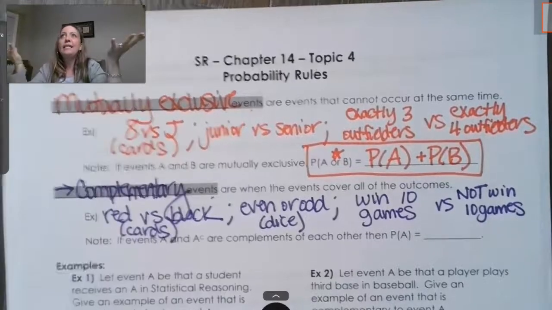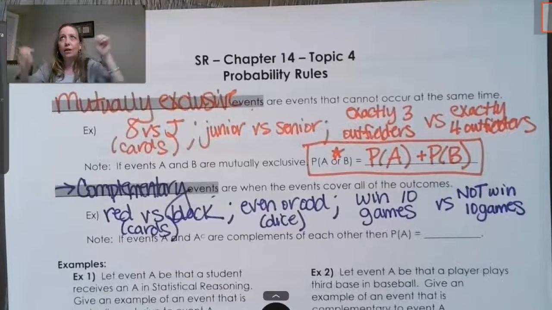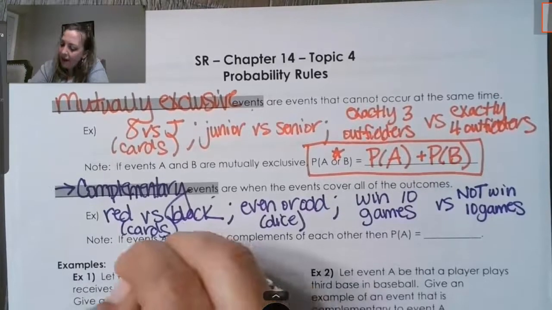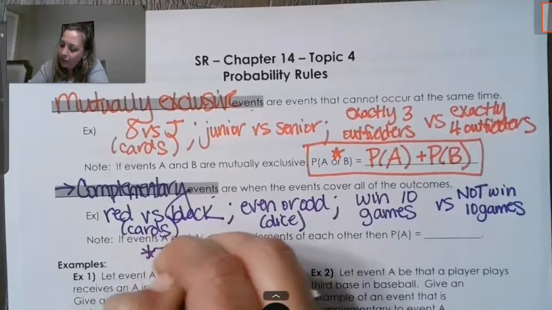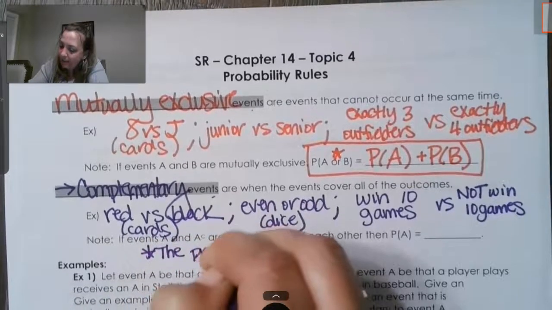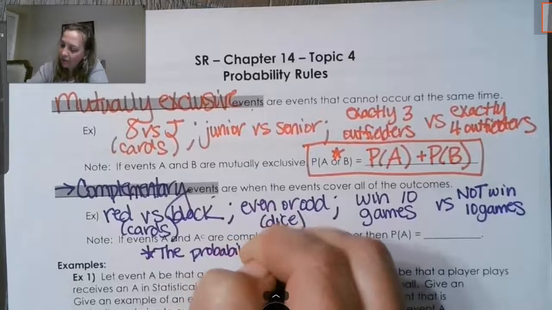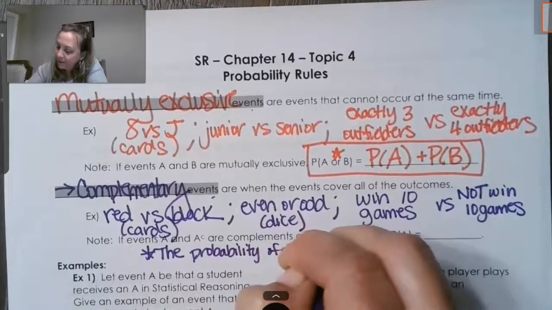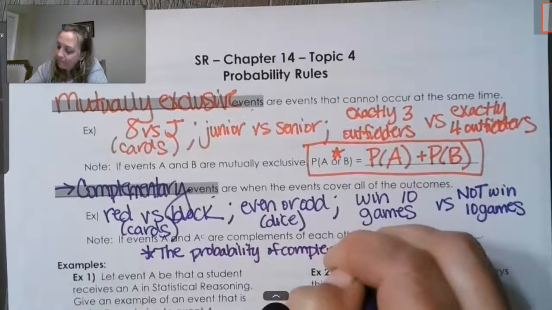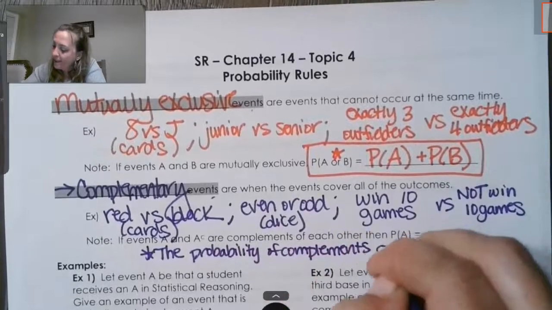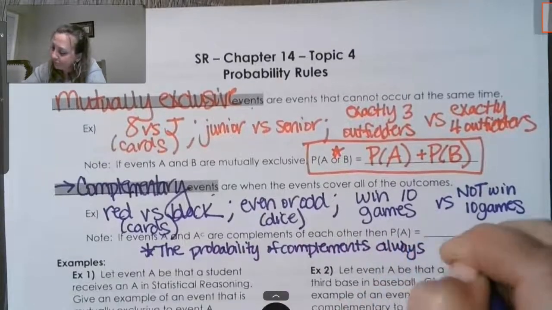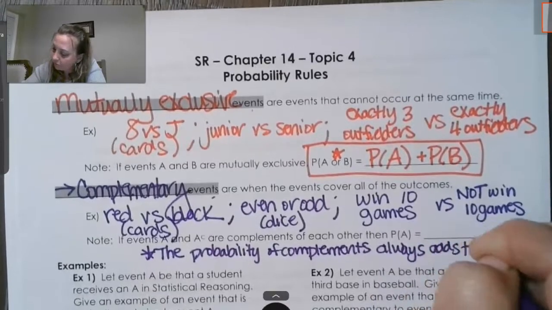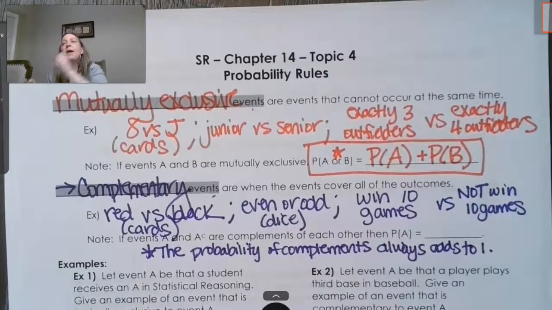So because these events are covering all the possibilities, it's important to note that the probability of complements always adds to 1, okay? Because either this is going to happen or that's going to happen, for a total probability of 100% or 1.